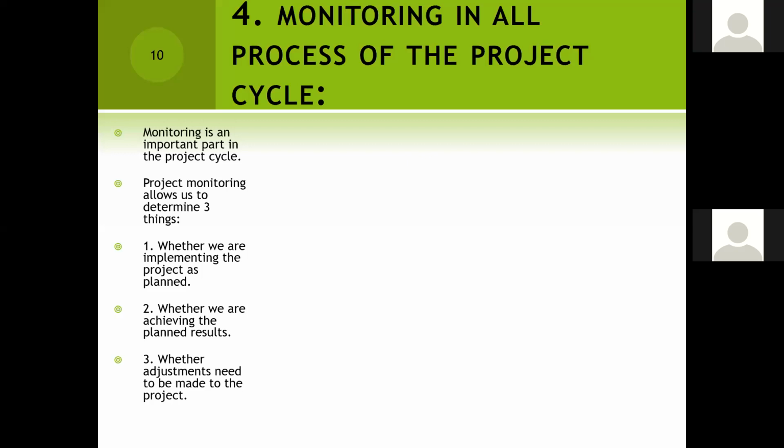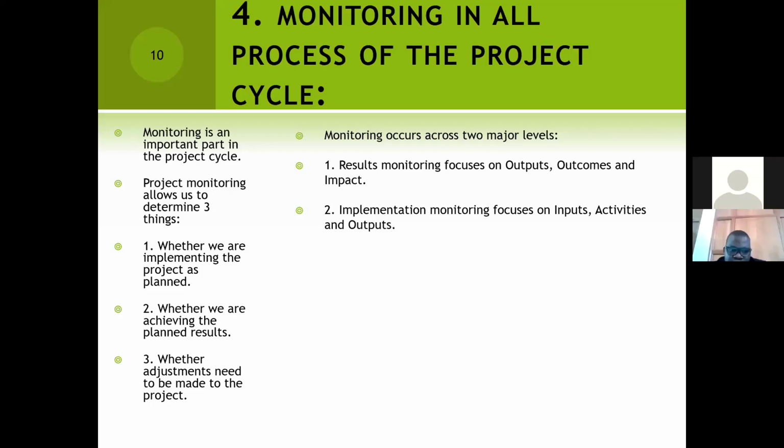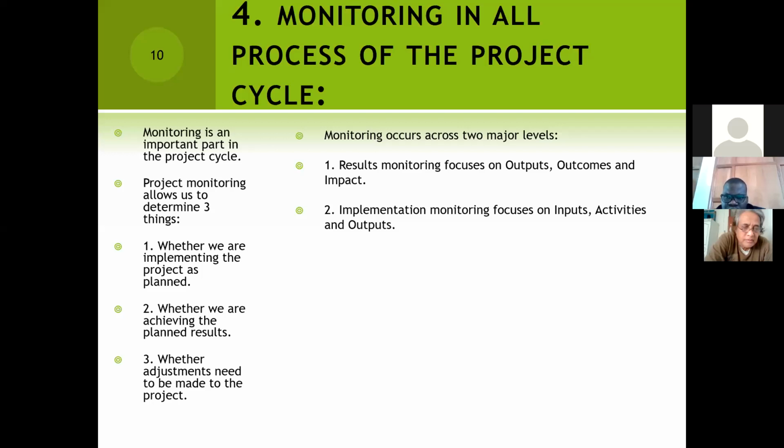We normally look at monitoring as occurring at two major levels: results monitoring or implementation monitoring. When you do results monitoring, we are monitoring the outputs, outcomes and impact of the project. Whereas when you do implementation monitoring, we look at the inputs, the activities, and the outputs of the project.